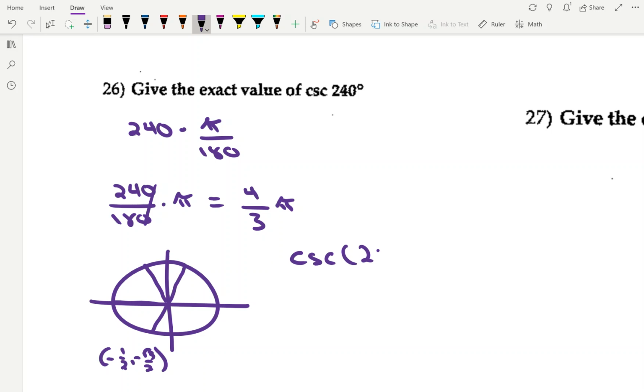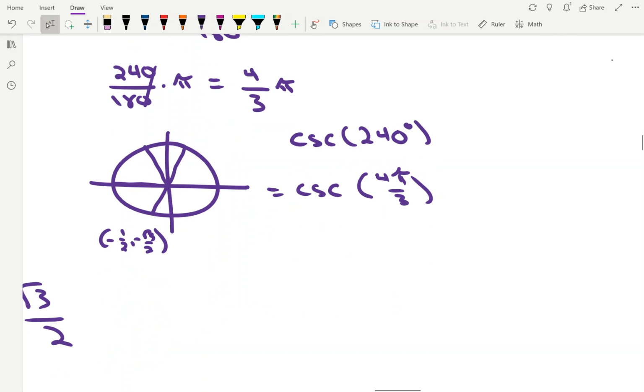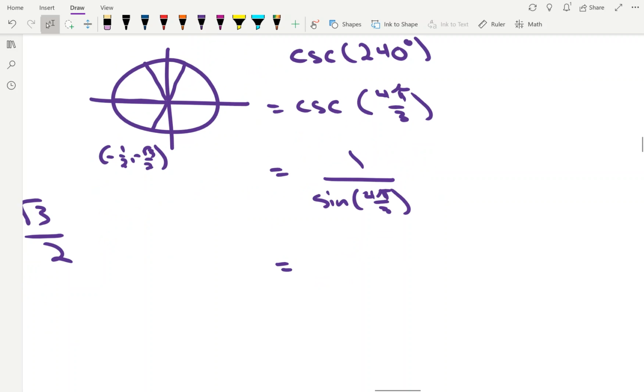Cosecant of 240 is equal to cosecant of, what did we say now? Pi over 3, 2 pi, 3 pi, 4 pi over 3. Now be careful here. So cosecant is 1 over sine of 4 pi over 3. And we know that sine of 4 pi over 3 is the y guy, is, careful now, negative root 3 over 2.